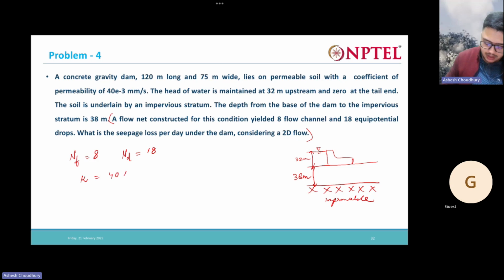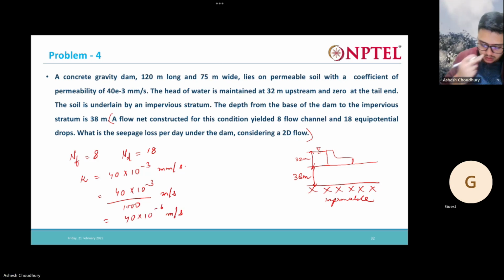The permeability is given, which is nothing but 40 into 10 to the power minus 3 by 1000 meters per second, so 40 into 10 to the power minus 6. Now, what is the total head?